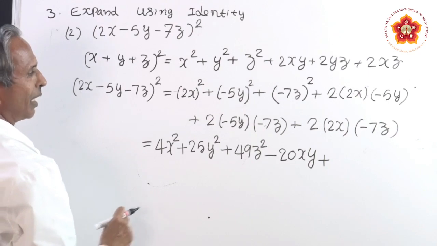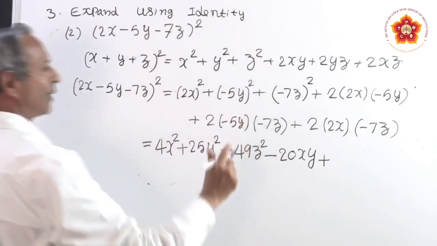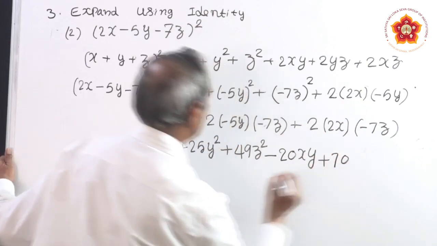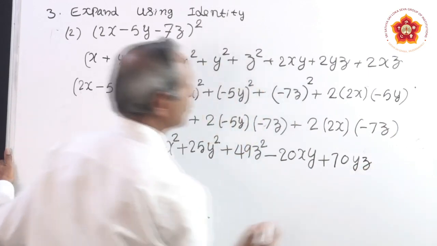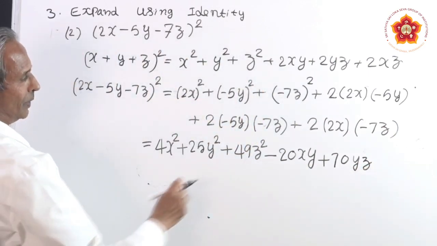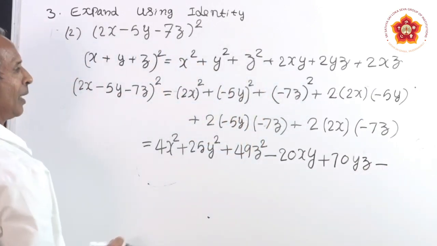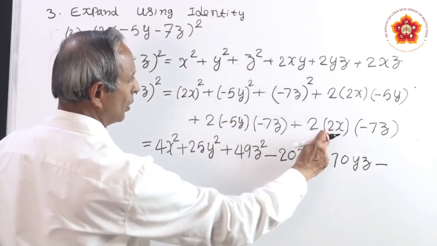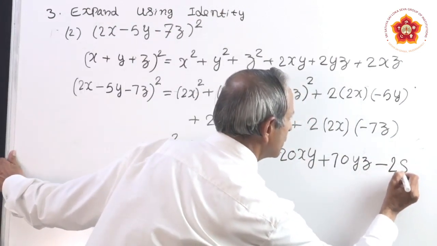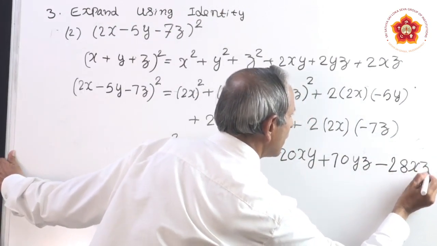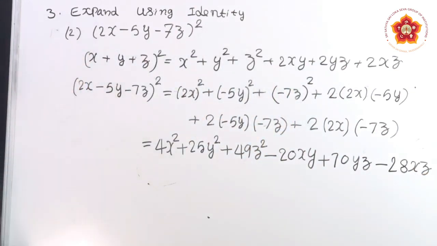Then let us multiply the numbers, 2 into 5 is 10, 10 into 7 is 70, then y into z, you will get yz. Let us move to the last term, plus into minus, you will get negative sign. Now multiply the numbers, 2 into 2 is 4, 4 into 7 is 28, x into z, xz. Now this is the product of the second problem.